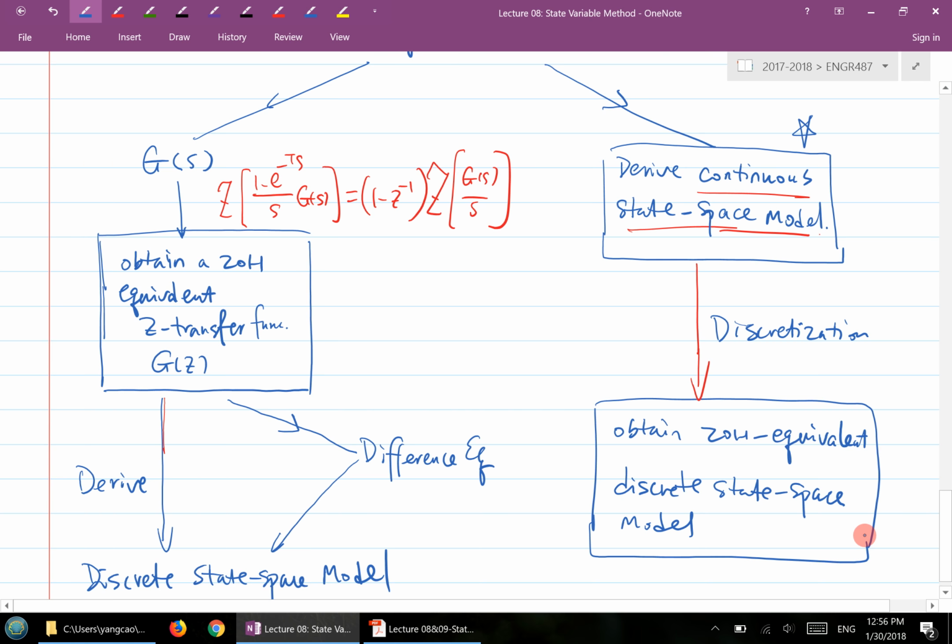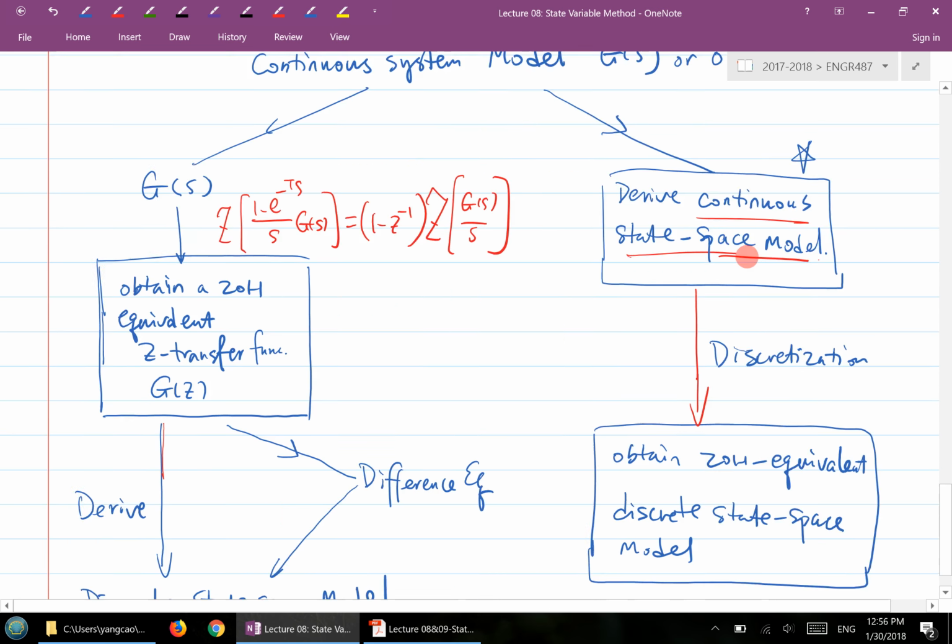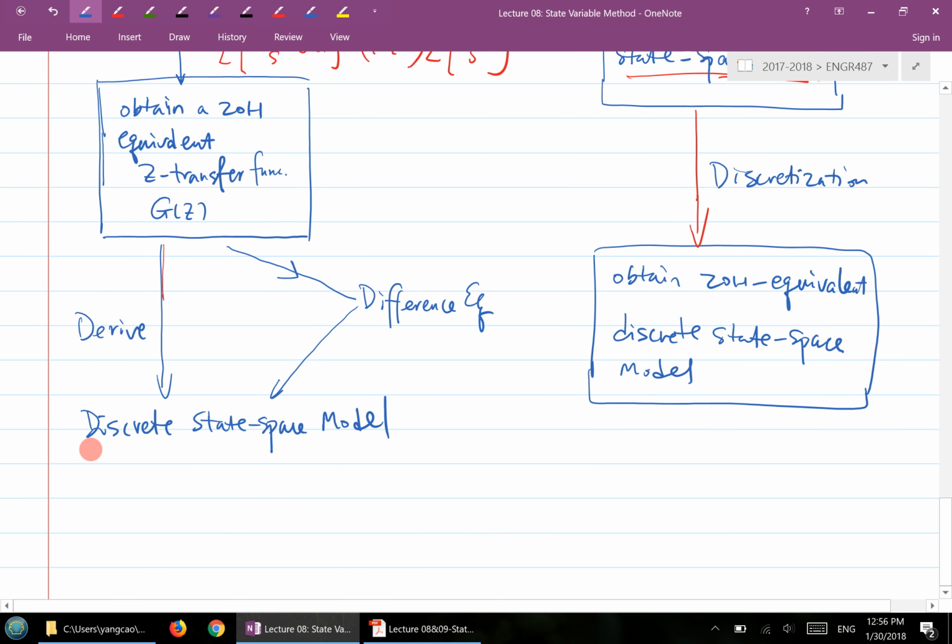So this is this branch here: you obtain the discrete state space model through discretizing a continuous state space model. We'll show you this later. So that's the bigger picture of how to obtain this. In the end of the day, these two should be equivalent. No matter which direction you go, the results should be the same.